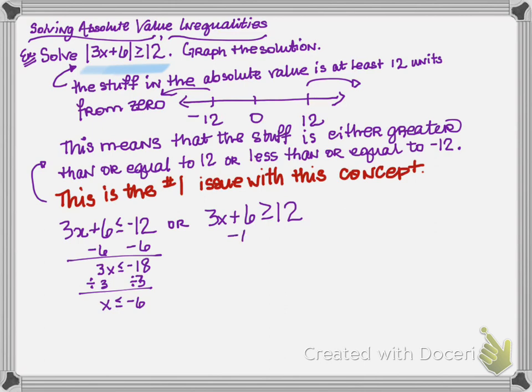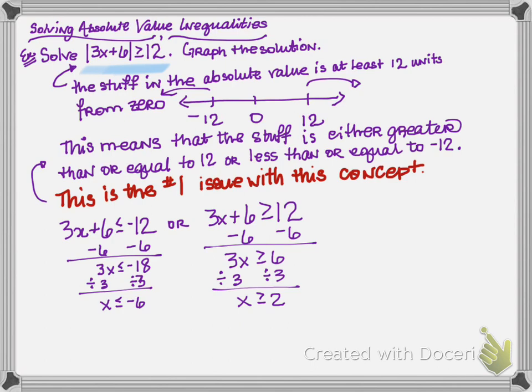So we come over here, and we get x greater than or equal to 2. Well, those two numbers don't look anything alike, and that is a normal answer for these. You really have to be careful and think carefully about that very first step. Once you have that very first step down, it becomes a pretty straightforward algebra problem.